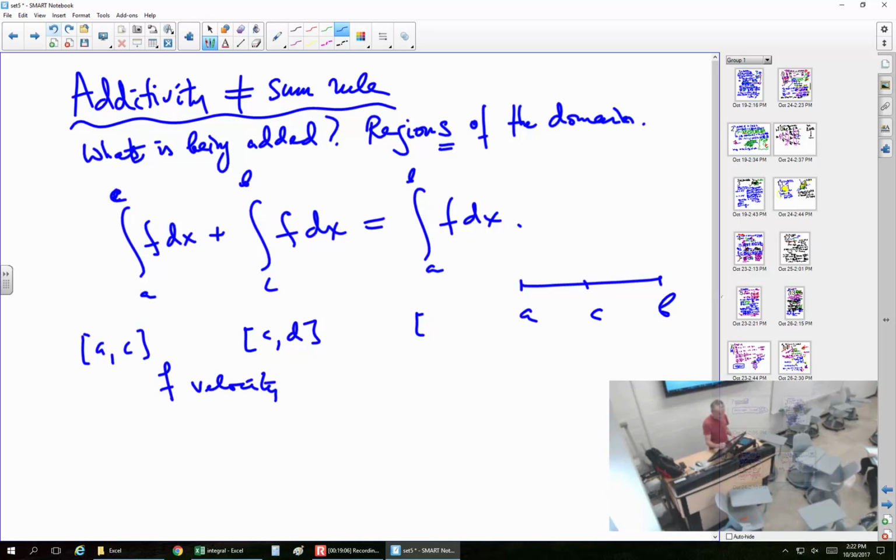Okay, and then two periods of driving. If you combine them together, then what is the result? Well, you just combine their displacements. So the integrals are displacements, right? So that's the velocity, and then these are displacements.